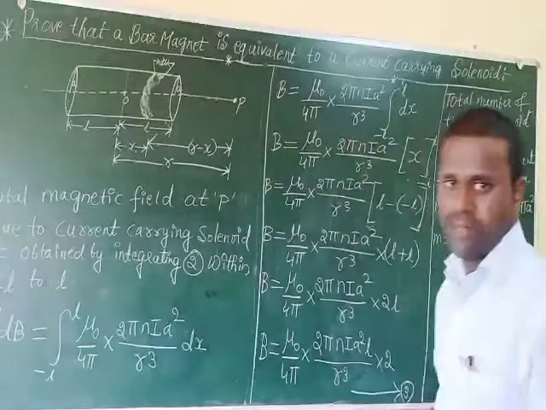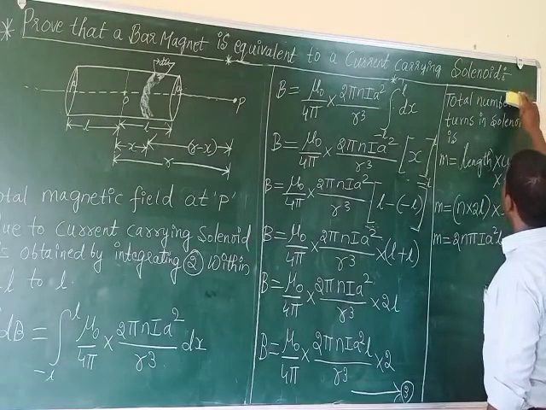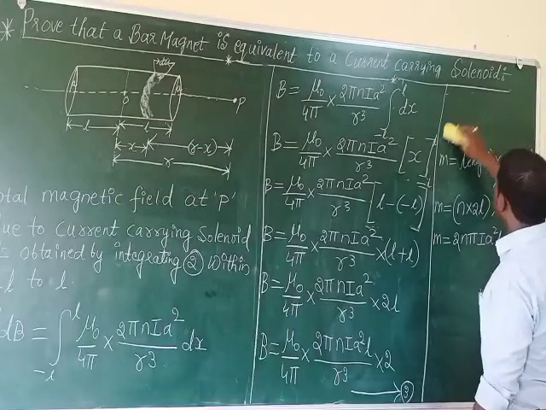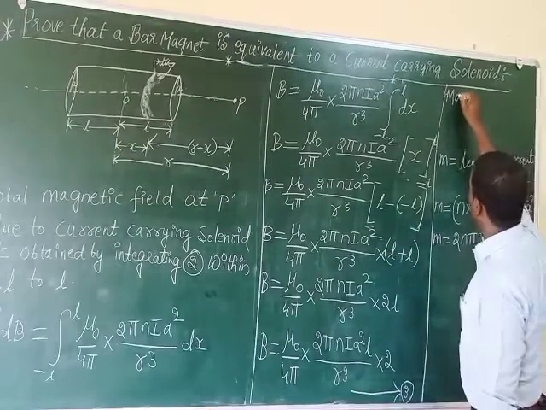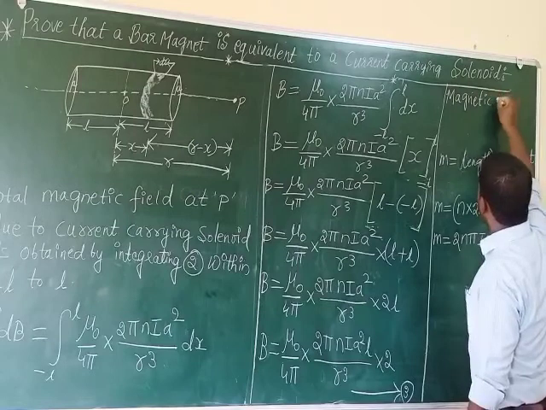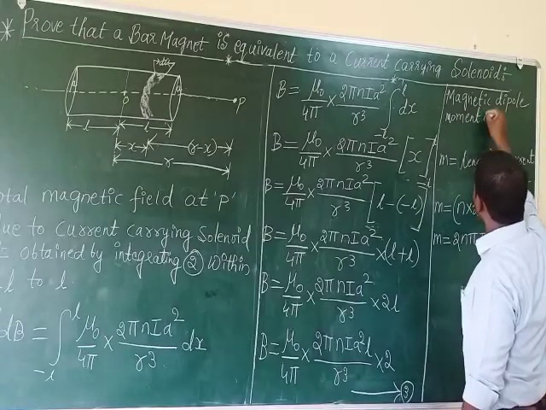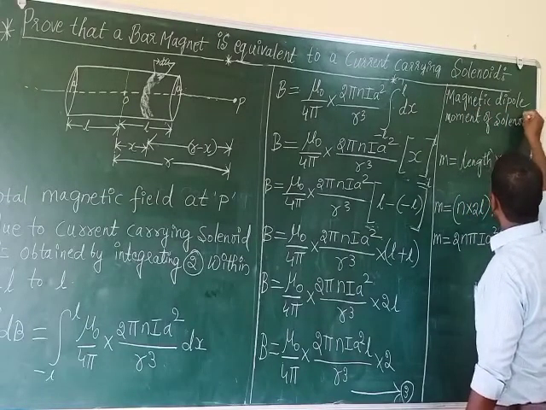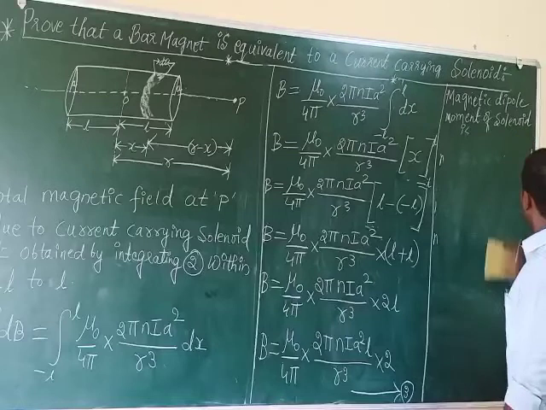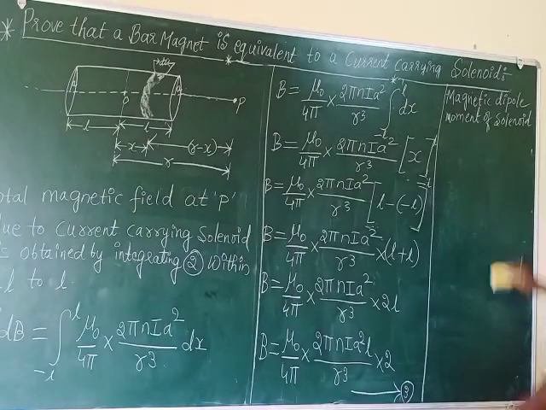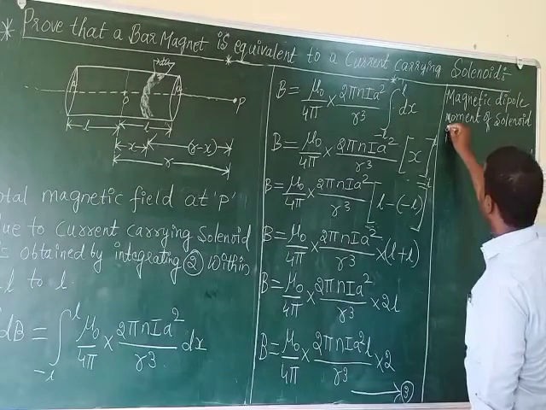This is not the total number of turns, it is the magnetic dipole moment of the solenoid. Because m means magnetic dipole moment. So the magnetic dipole moment of the solenoid is m equals, see the next step, after equation number 3.